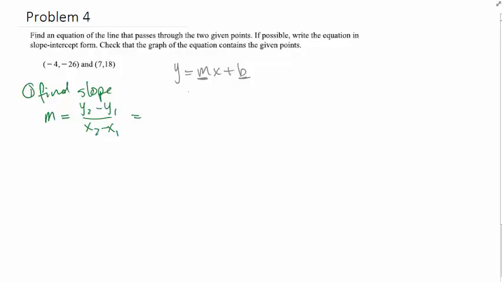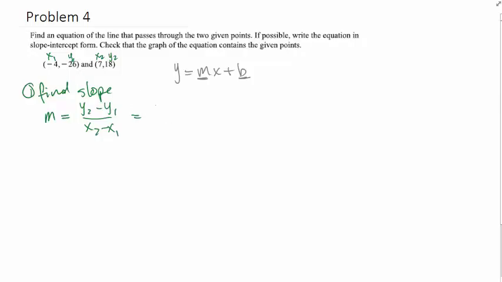This is called the difference quotient. The subscripts, the 1 or the 2, have to stay with one point, the x is the x, the y is the y.